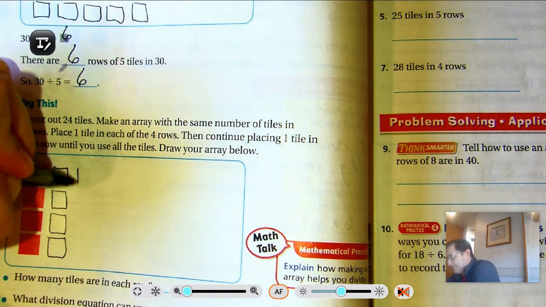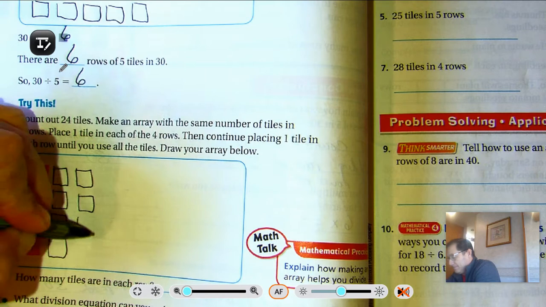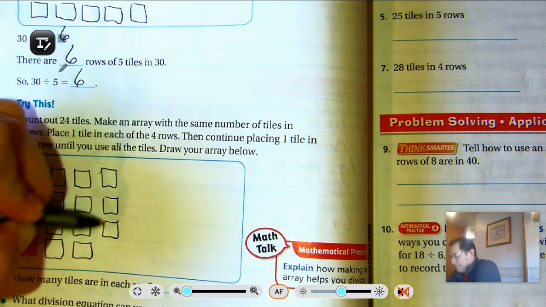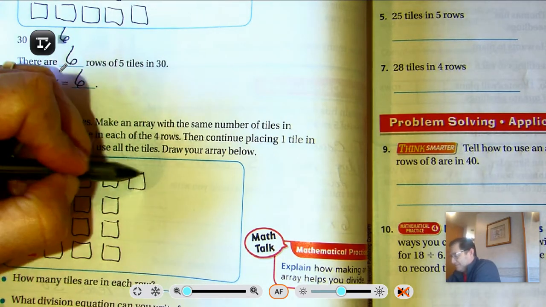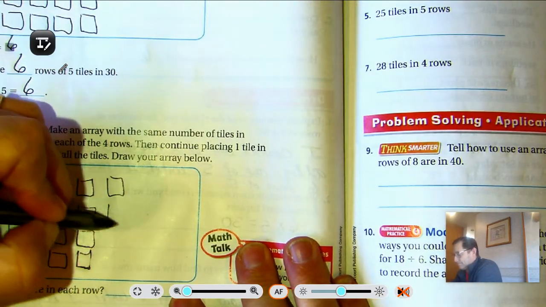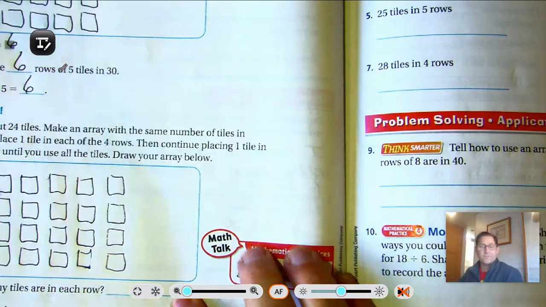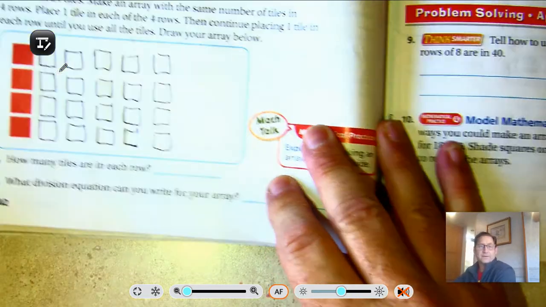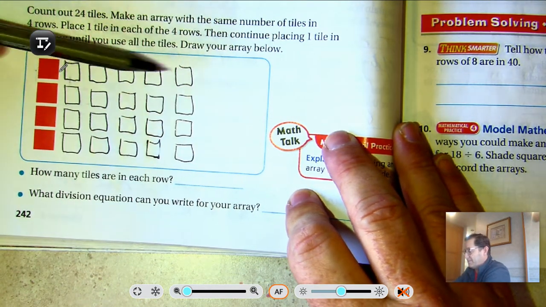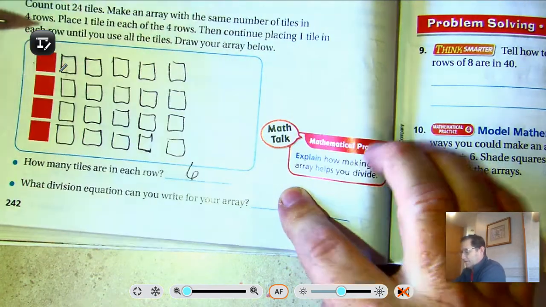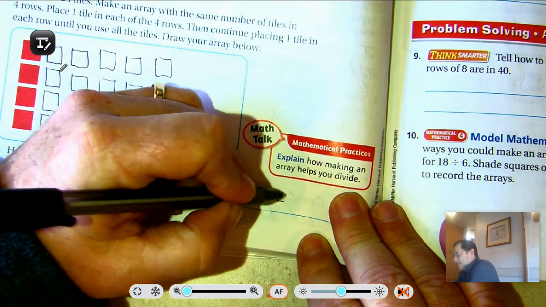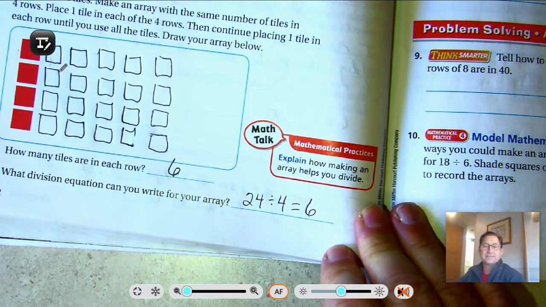So there's 8, 12, 16, 20, 24. Okay, so we have 4 rows of 1, 2, 3, 4, 5, 6. What division equation can we write for your array? It was 24 divided by 4 equals 6.